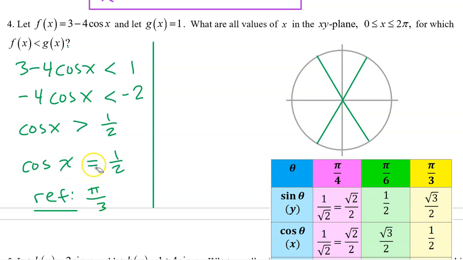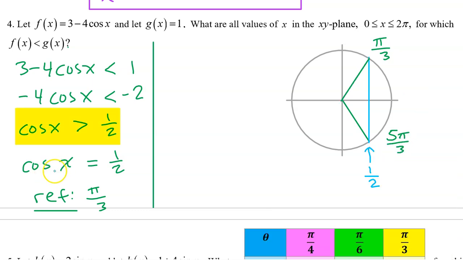Since we want cosine to equal positive 1/2, we will stick to quadrants 1 and 4, where the x value, and thus the cosine, is positive. The angle in the first quadrant, with a reference angle of pi over 3, is pi over 3 itself. We can think of 2 pi as 6 pi over 3. So this angle in the fourth quadrant is 5 pi over 3.